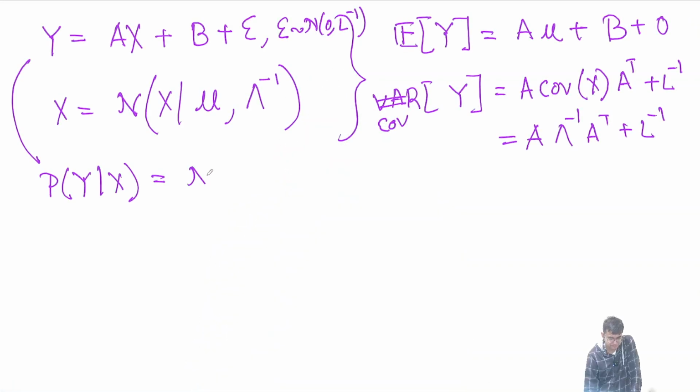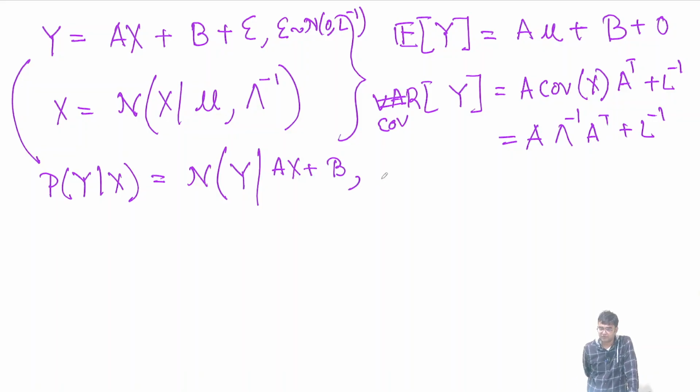It's Gaussian, because x is conditional, so x is like a constant. So it's a Gaussian over y given x. What is the mean? Ax plus b. What is the covariance? L inverse.